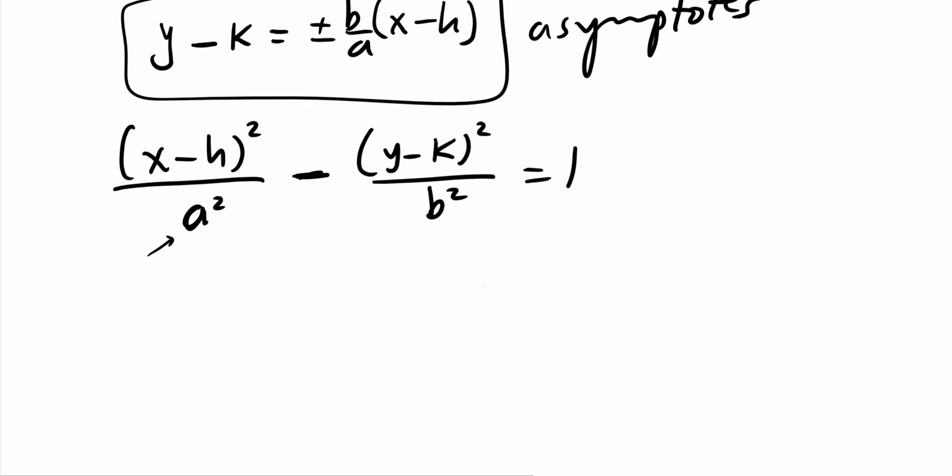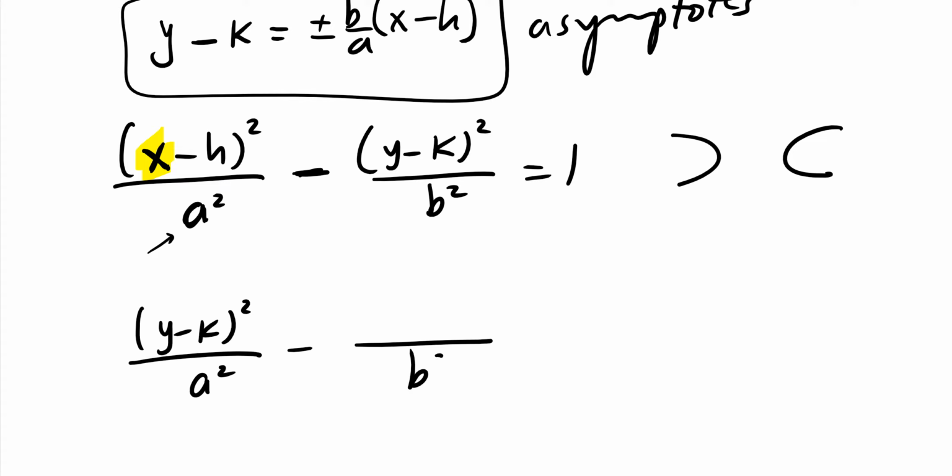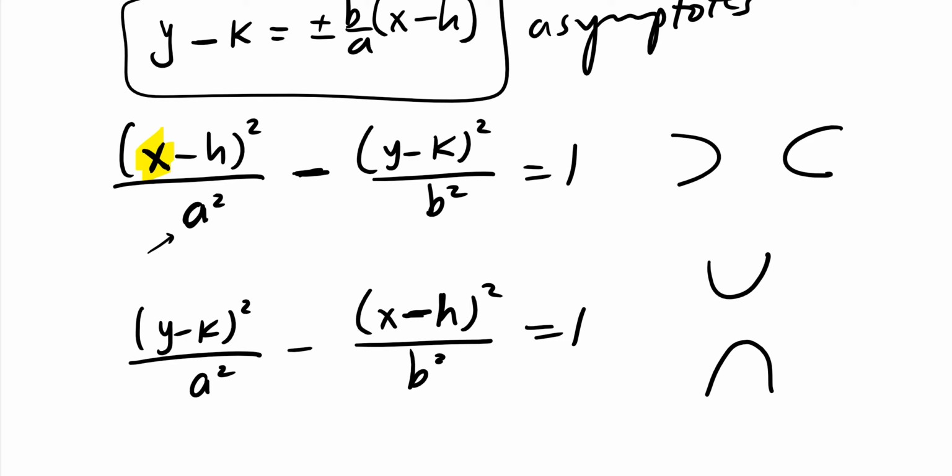If the hyperbola starts with x, not y, then it opens to the right and left. If it starts with y, (y minus k) squared over a squared, notice how a stays as is, and x minus h, always h attached to x, k to y, then this opens up and down. So right, left, up and down.